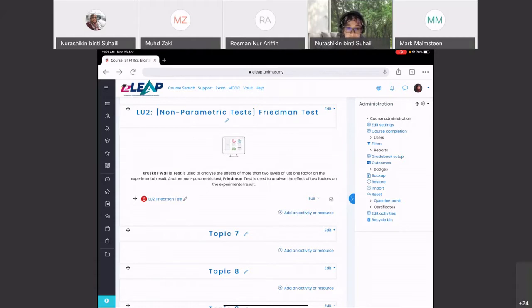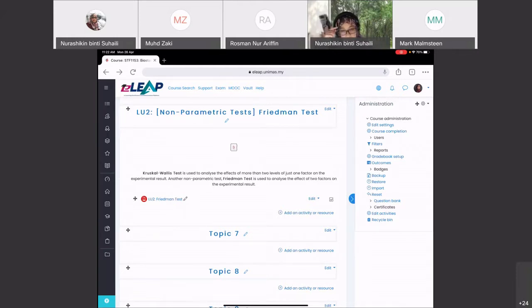The difference between the Friedman test and the Kruskal-Wallis test is that Kruskal-Wallis is used to analyze only one factor, related to more than two independent samples. So the key thing here is the one factor. What is meant by one factor, let me explain later.